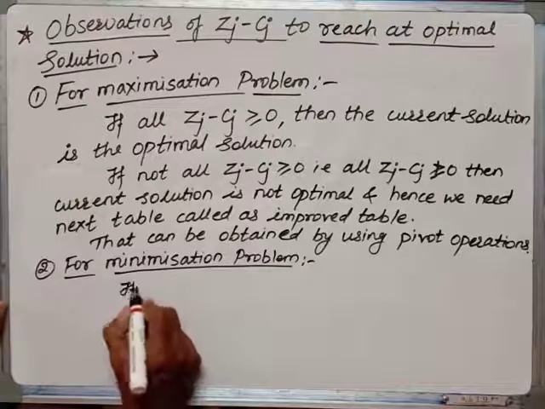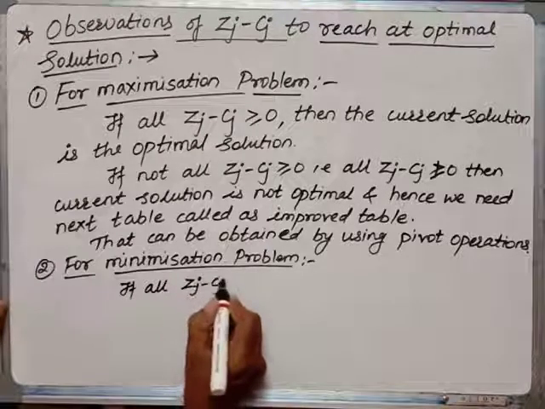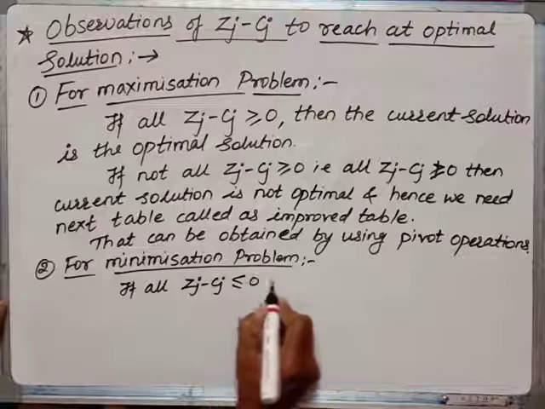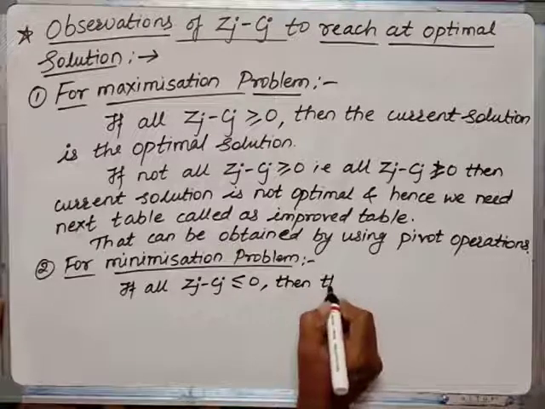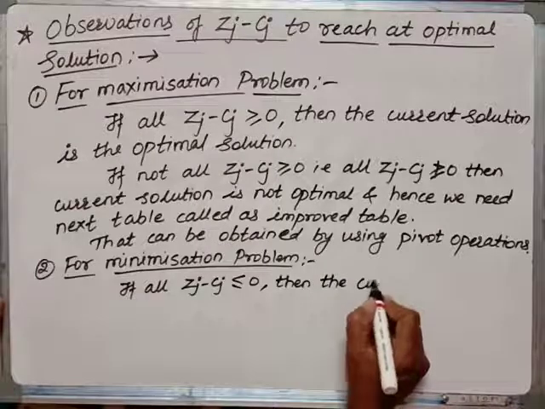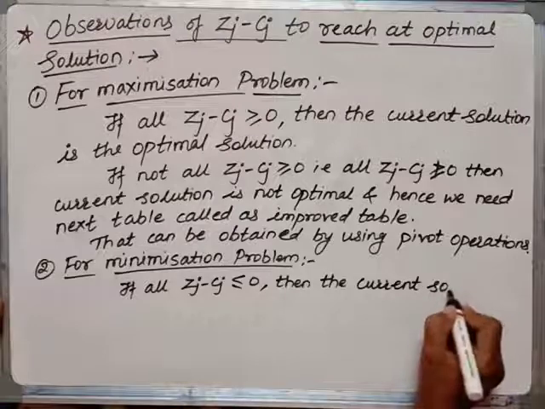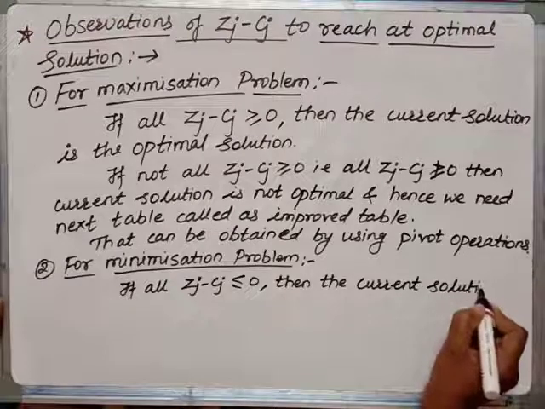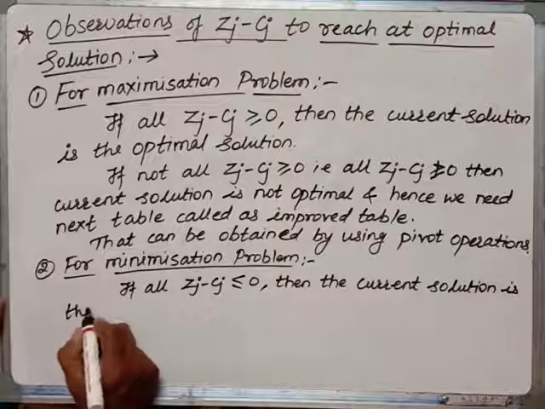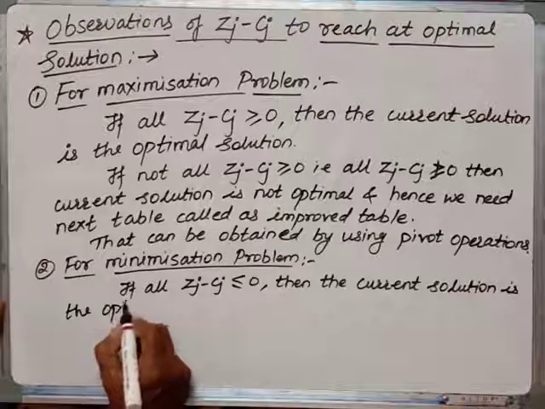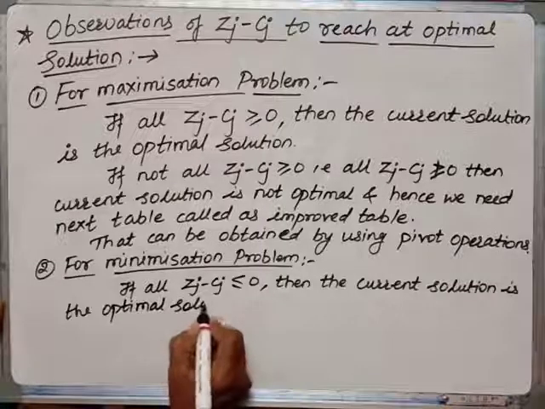If all Zj minus Cj are less than or equal to 0, then the current solution is the optimal solution.